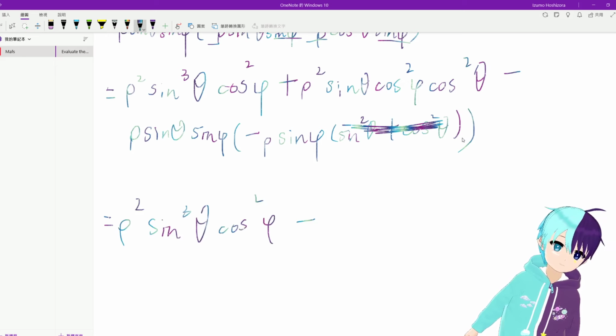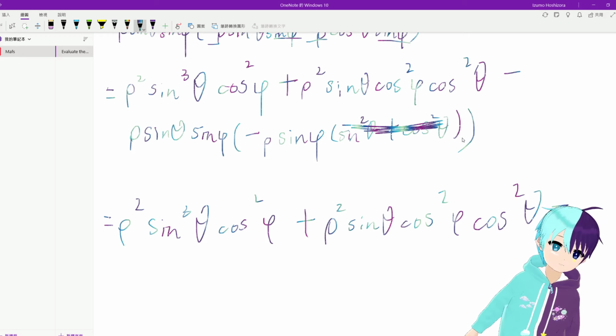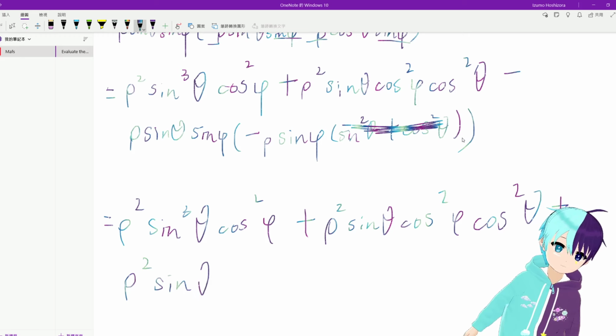So let's copy the first two terms. And the third term would be negative and negative makes plus, and then we have rho squared sine theta sine squared theta sine squared phi.